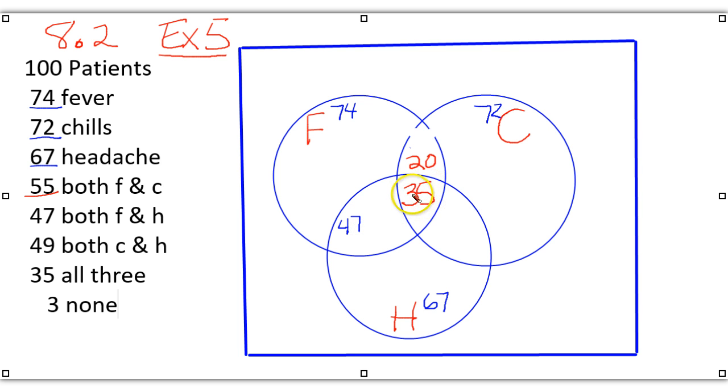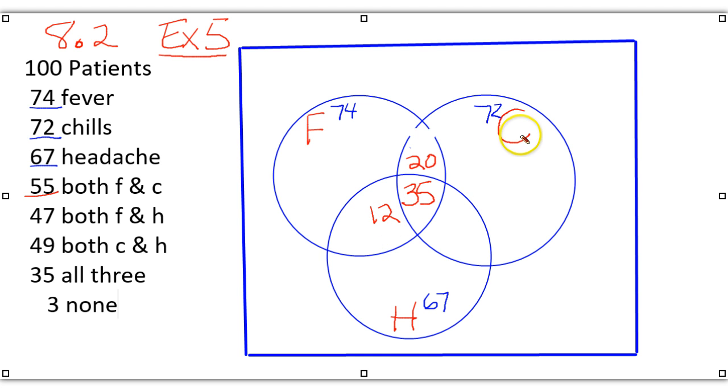But 35 also had fever and headache, so we have to subtract the 35 from the 47, and that's going to give us 12. Now I can erase the 47. If I add these two together, I get 47.